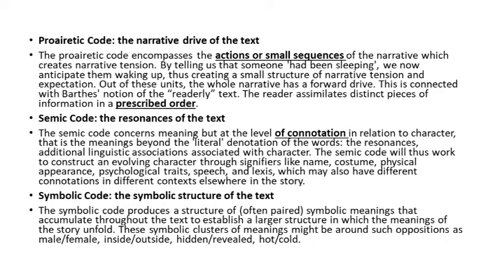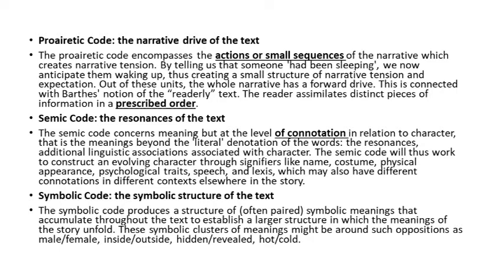By telling us that someone had been sleeping, we now anticipate them waking up, which creates a small structure of narrative tension and expectation. Out of these units, the whole narrative has a forward drive. One event happens, followed by another, and this is connected with Barthes' notion of the readerly text. The reader assimilates distinct pieces of information in a prescribed order.